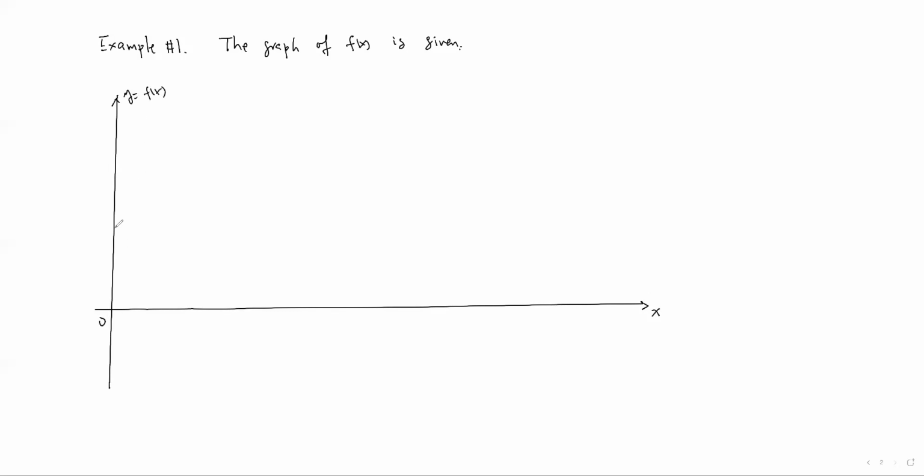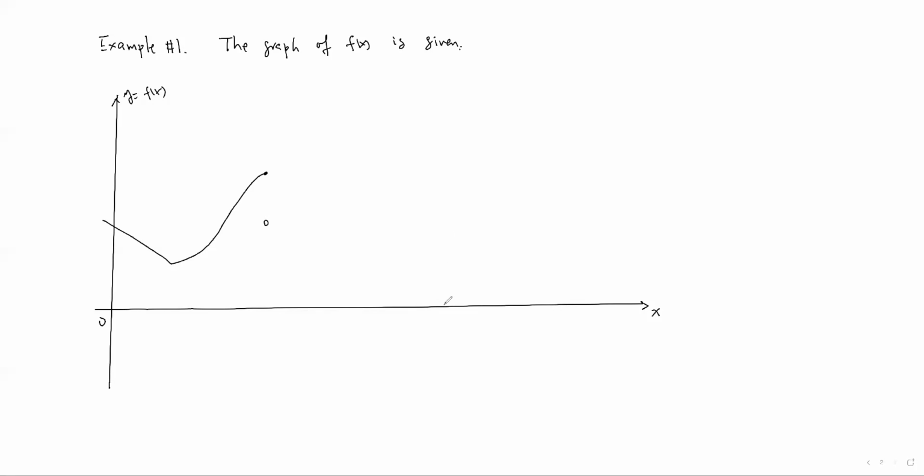Then here the graph. Solid point means the point is part of the graph. Open dot means the point is not part of the graph.